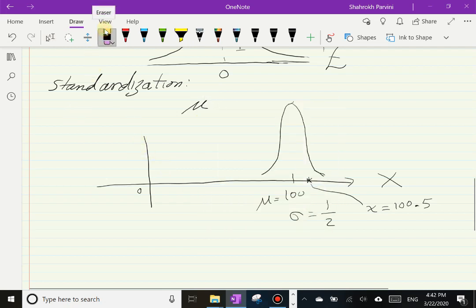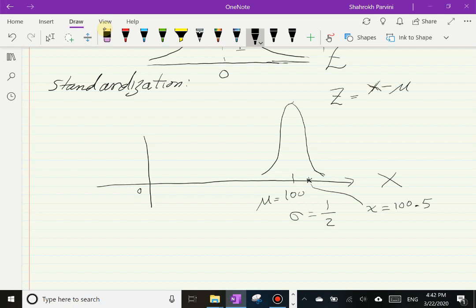There we go. So I'm just going to move that over here. So remember, z is equal to x minus mu over sigma. Now, I can move this distribution to the left. It's the exact same distribution, and I'm literally doing a copy and paste.